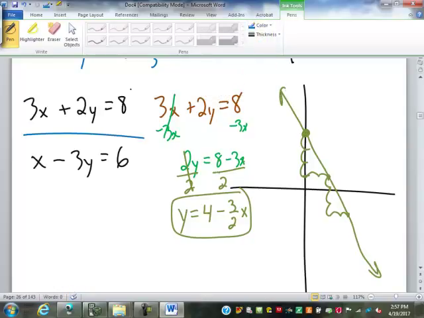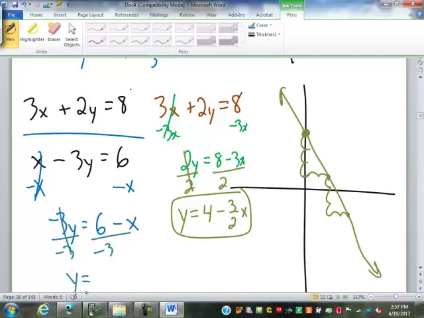What's next? On the second equation, where do we start? We're going to have to subtract x. We've got to get y by itself. So we've got negative 3y equals 6 minus x. What's next? Divide by negative 3.